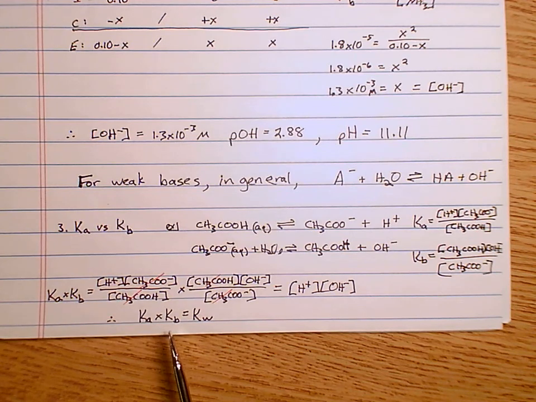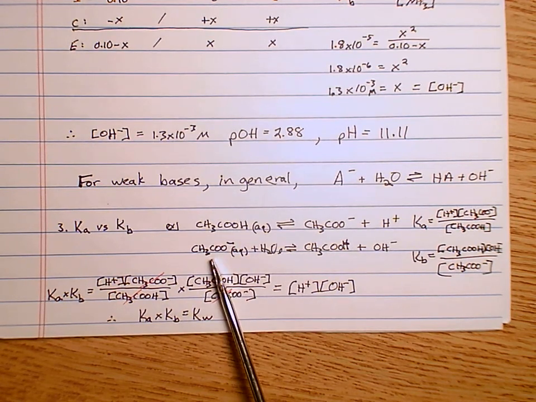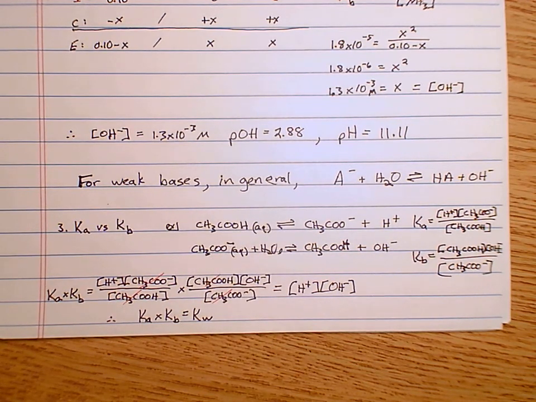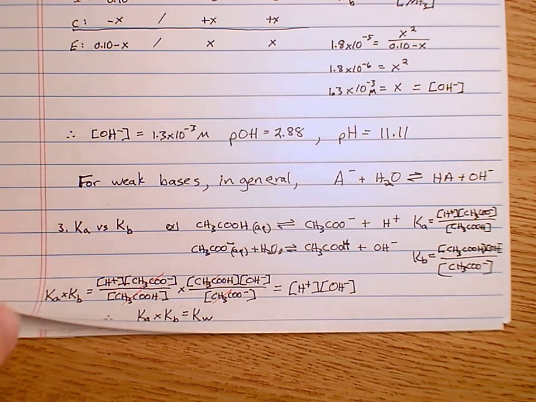So Ka times Kb equals Kw, and we know the value of Kw, 1.0 times 10 to the minus 14, which means if you were given the Ka of acetic acid, then you can calculate the Kb of acetate, its conjugate base, using this formula. So some books will not have Kb tables, they'll only have tables of Ka values for the acid, because from those Ka values in this equation, you can calculate the Kb values.